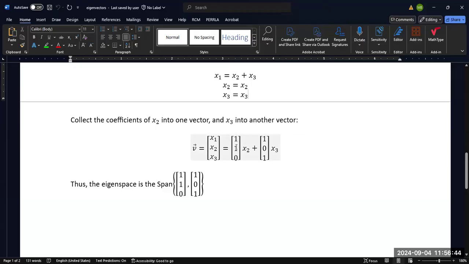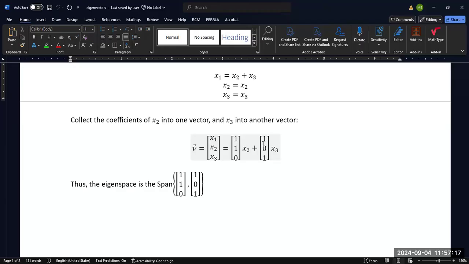So if I were to take 1, 1, 0 and multiply it by the original matrix, I should get -4 times the original vector. If I take 1, 0, 1 times the original matrix, I should get -4 times the original vector. And if I take any linear combination of these two vectors and multiply it by the original matrix, I should get -4 times whatever that original vector was.